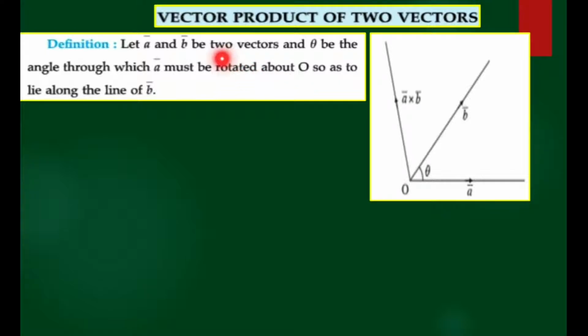Let A bar and B bar be two vectors and theta be the angle through which A bar must be rotated about O so as to lie along the line of B bar.